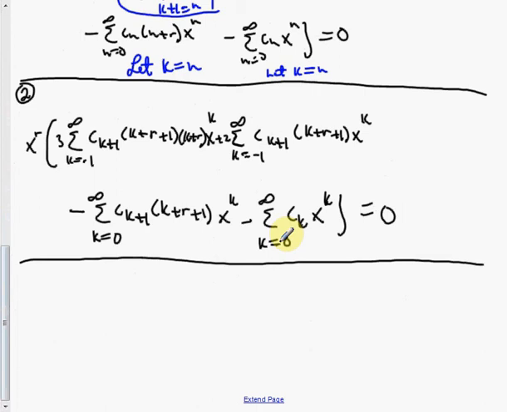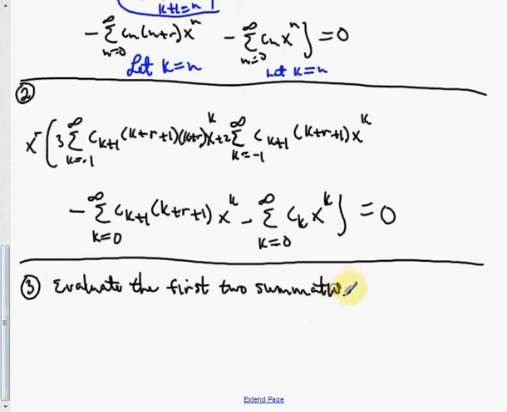So here, step number 3: evaluate the first two summations at k equal to -1, so that the remaining summations all start at k equal to 0.